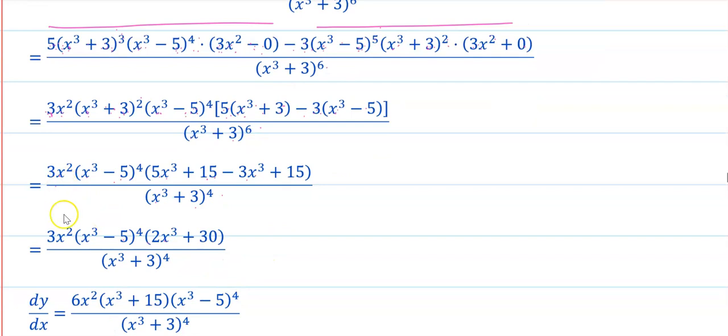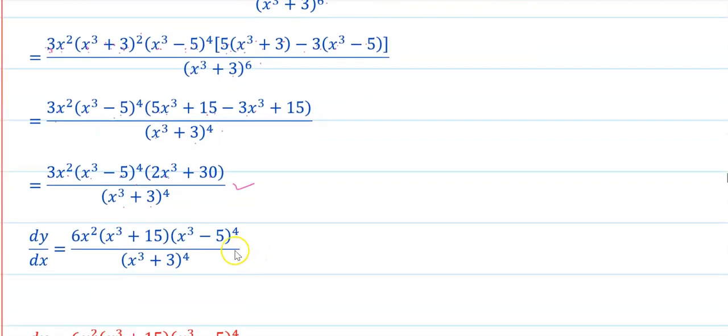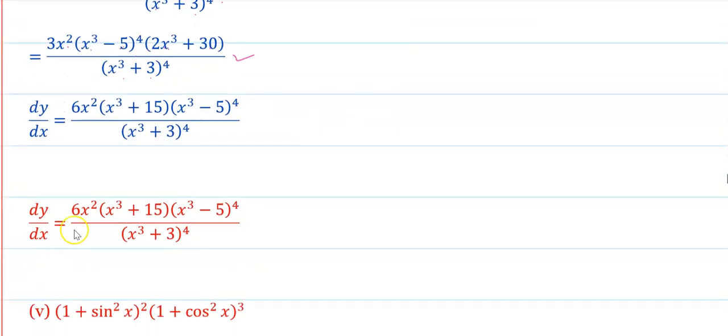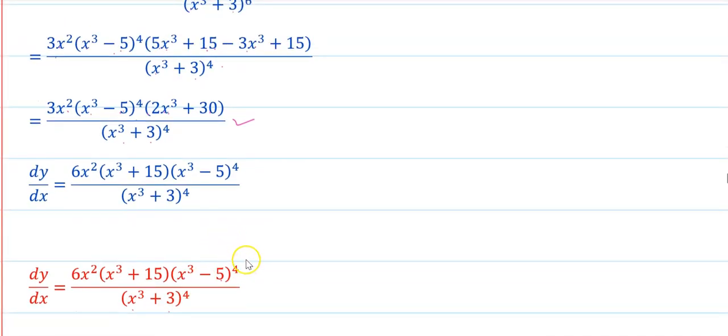Okay, and hence 3x square in bracket (x cube minus 5) bracket is to 4 into 2x cube plus 30, and this divided by (x cube plus 3) bracket is to 4, and hence dy by dx is equal to 6x square into (x cube plus 15) into (x cube minus 5) bracket is to 4, upon (x cube plus 3) bracket is to 4, and this is the answer.